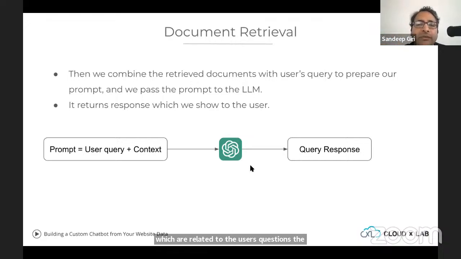We put in the user query and tell the LLM, here is a question from the user. Can you answer this question based on this context? And this context is paragraphs from the vector store, similar paragraphs that answer this question. Then the LLM will generate a response.